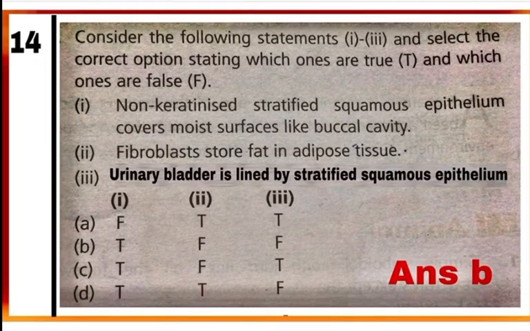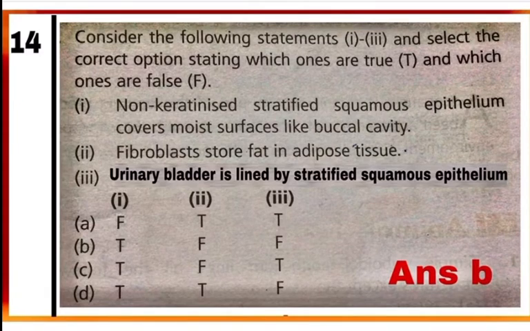Statement 2. Fibroblasts store fat in adipose tissue. This is the false statement. Adipocytes store fat in adipose tissue. Come to statement 3. Urinary bladder is lined by a stratified squamous epithelium. This is also false statement.